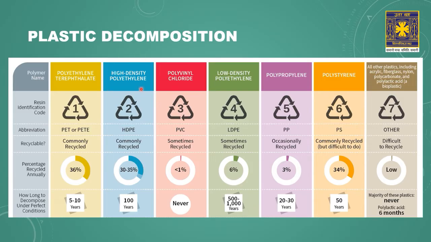Also the high density polyethylene requires a substantial amount of time, about 100 years for decomposition. So almost all the plastics can persist in the environment for a long period of time, which makes them a very dangerous material from the point of view of the environment.